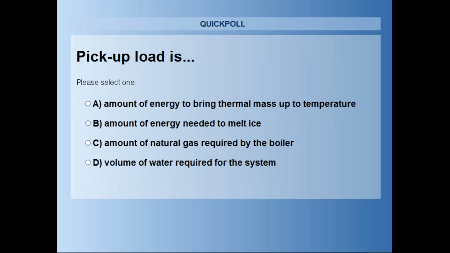I didn't define this particularly well, so I'm going to give you the correct answer: it is A, the amount of energy needed to bring the thermal mass up to temperature. When I get to the end of this, I'll go back over the pickup load briefly, just because I did not explain that very well. If you could go ahead and select A, give it another few seconds here, and then we'll get back started.